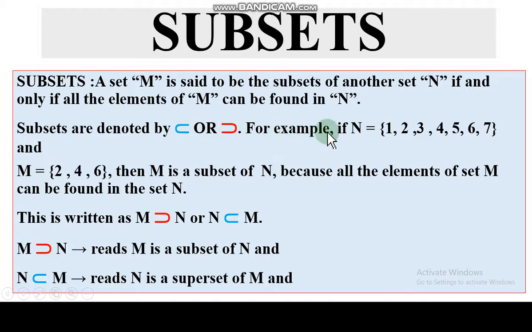For example, if N is the set of natural numbers from 1 to 7 and M is the set of even numbers below 7, then M is a subset of N because all the elements of the set M can be found in the set N. So M is a subset of N. This is how we write it.